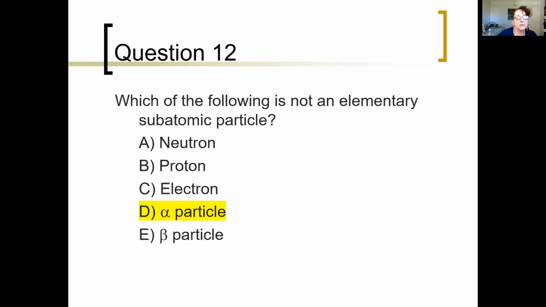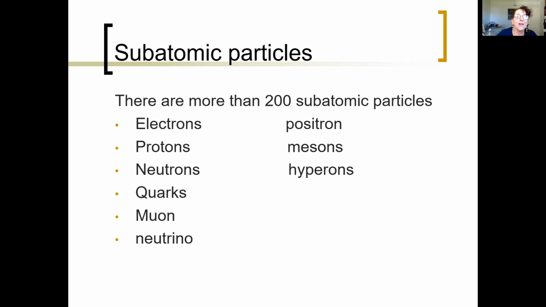It's not a single particle. It's 2 protons and 2 neutrons, like a little group. I started to do research on this, but I don't think I can put 200 on my slide. I just thought it was interesting. At least we don't have to worry about these. We just focus on the electrons, the protons, and the neutrons.